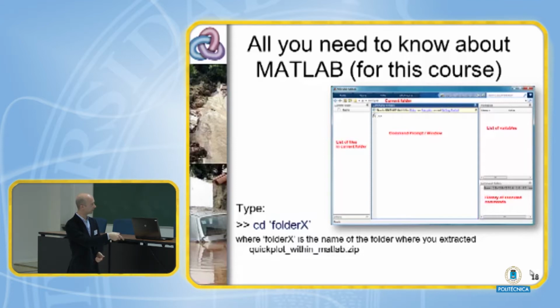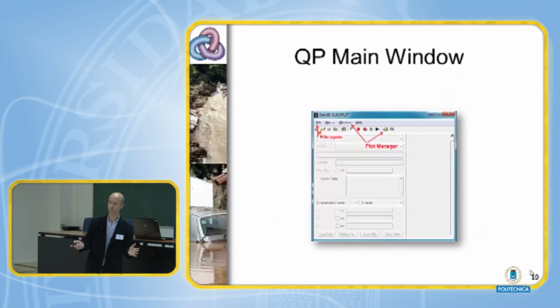If the directory name contains spaces, you may need to put the directory name between quotes, otherwise that's not necessary. And then you type quickplot. That's all about MATLAB you need to know today. The rest is going through the GUI.